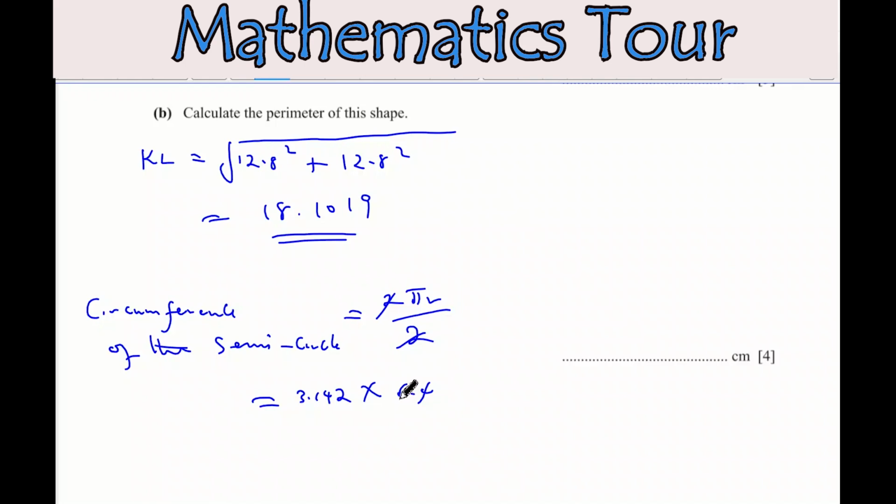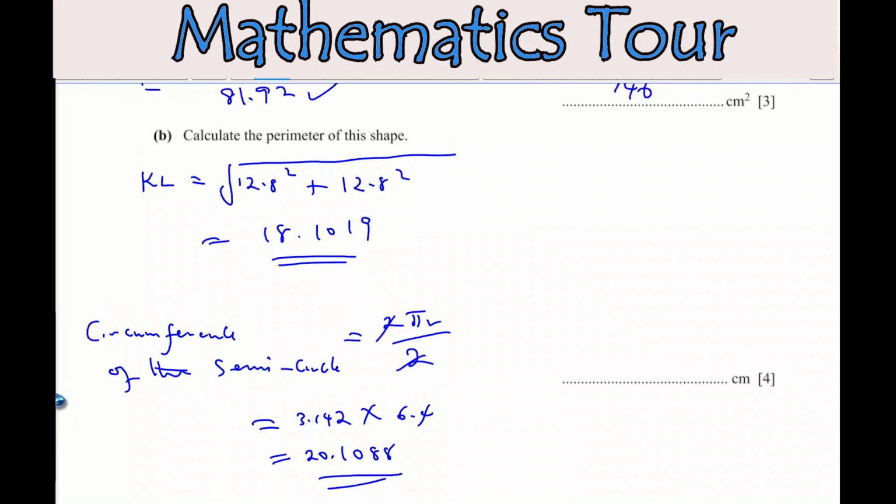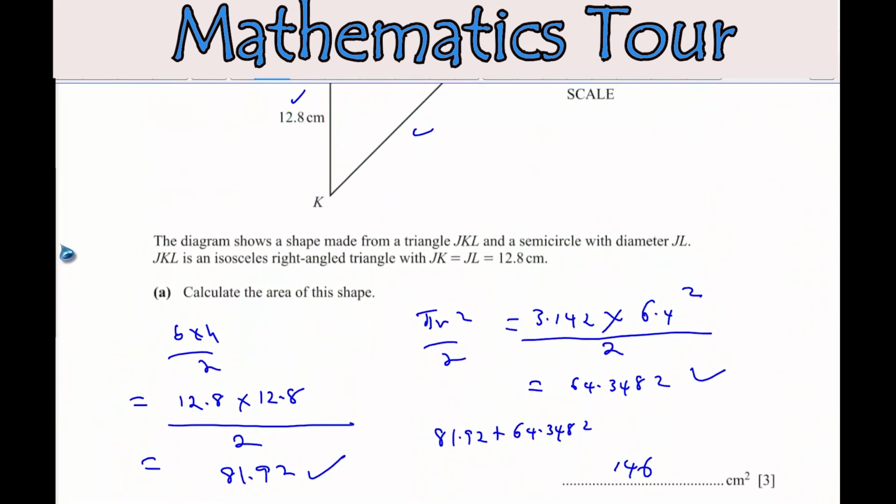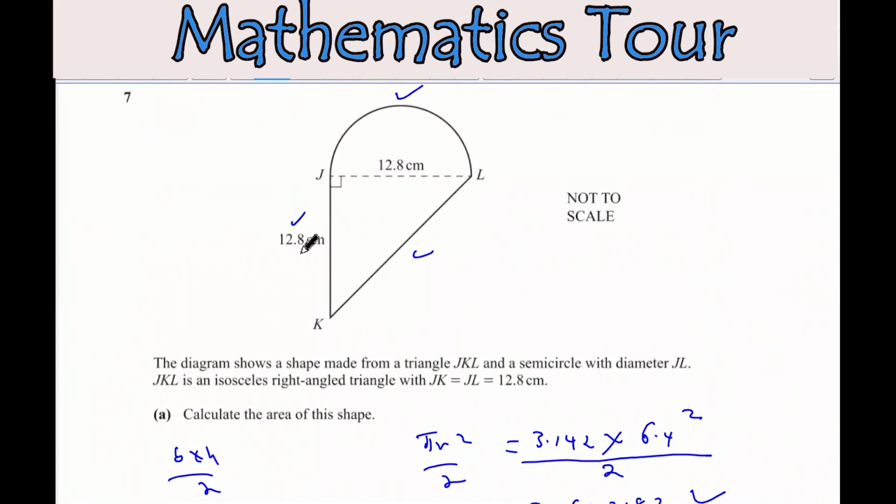So now we need to add the answers together. Let's firstly write this answer. This will give us 20.1088. So we know that's the circumference. So we can now add the 3 sides together. That will be 12.8, add the answer we got here, 18.1019, and the answer we just got here, 20.1088.